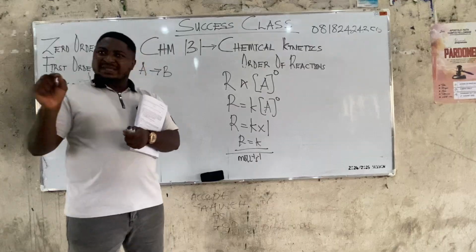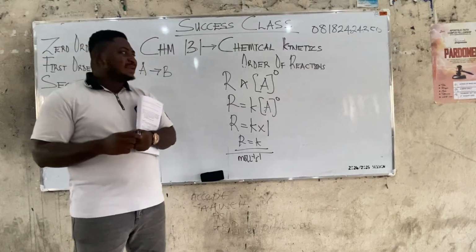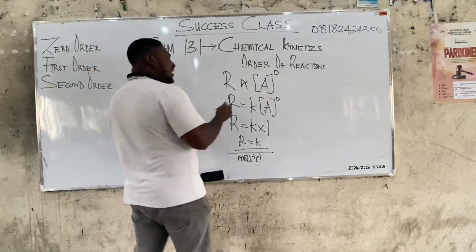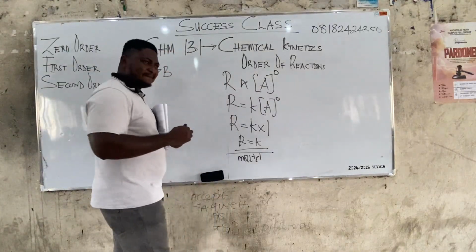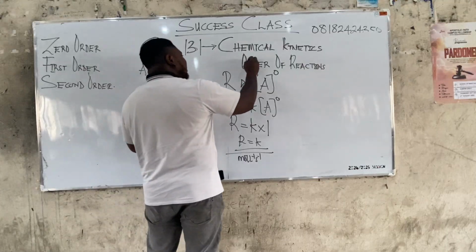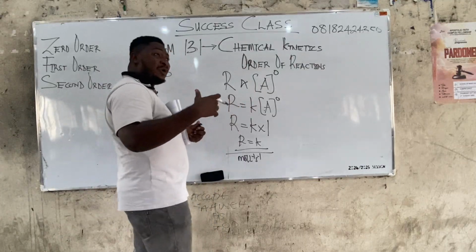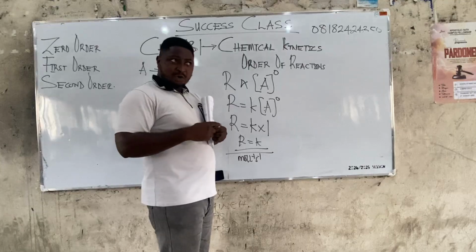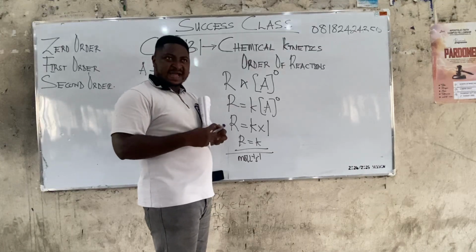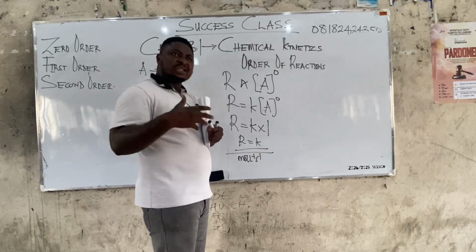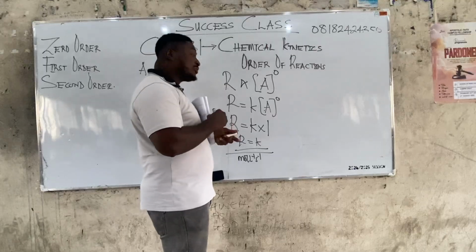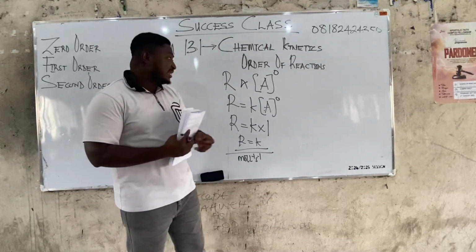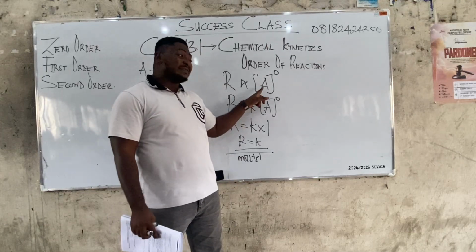There's also a point we take. When I started zero order, I said it's a kind of reaction in which the rate of the reaction is independent of the concentration of the reactant. Go back to your notes. Independent means it does not depend, and actually it doesn't depend on the concentration because this 0 will make the concentration of this reactant A disappear.